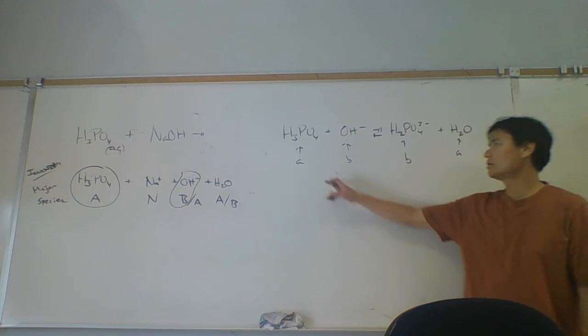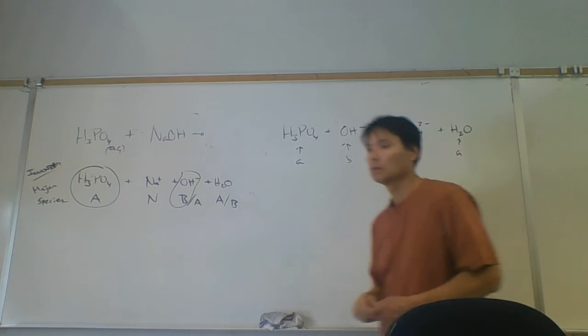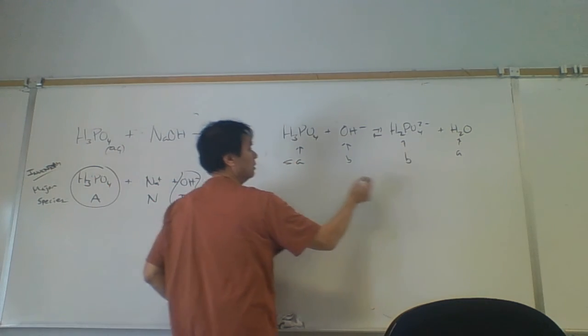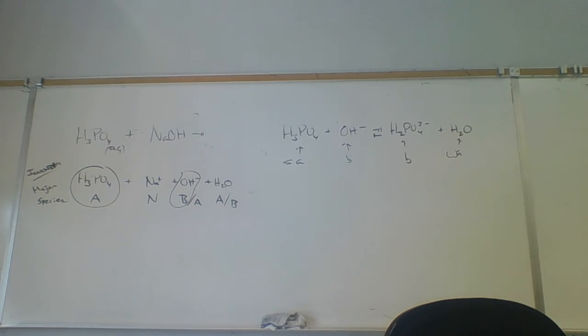All right, then we compare the 2 acids, H3PO4 versus water. Which one's stronger, H3PO4 or water? H3PO4. So we're going from stronger to weaker. And here, there's a pretty significant difference in strength. There's water way down here. Where's H3PO4? Way up there.